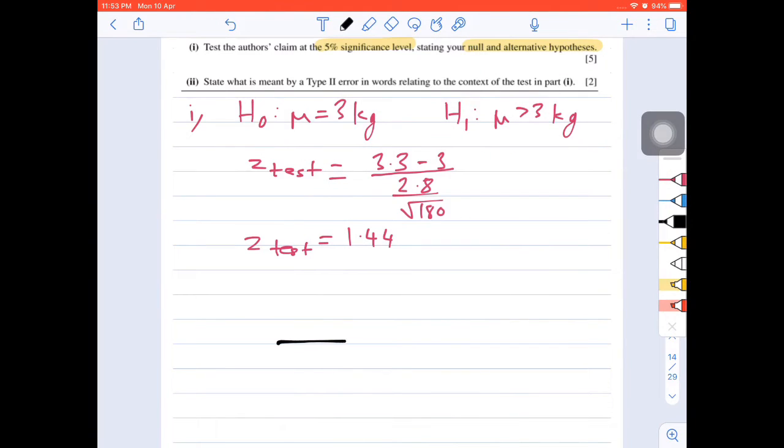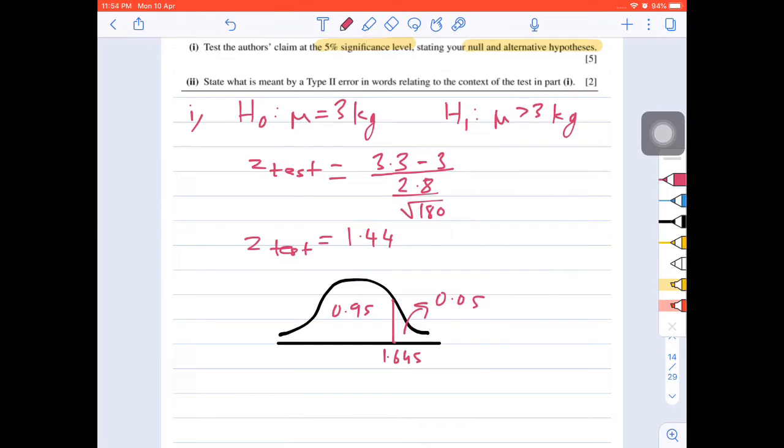If I draw the curve, it's an upper tail test because it's greater than over here. So for the critical value, this region should be 0.05, so this region should be 0.95. From the z table, the value at 0.95 is 1.645.